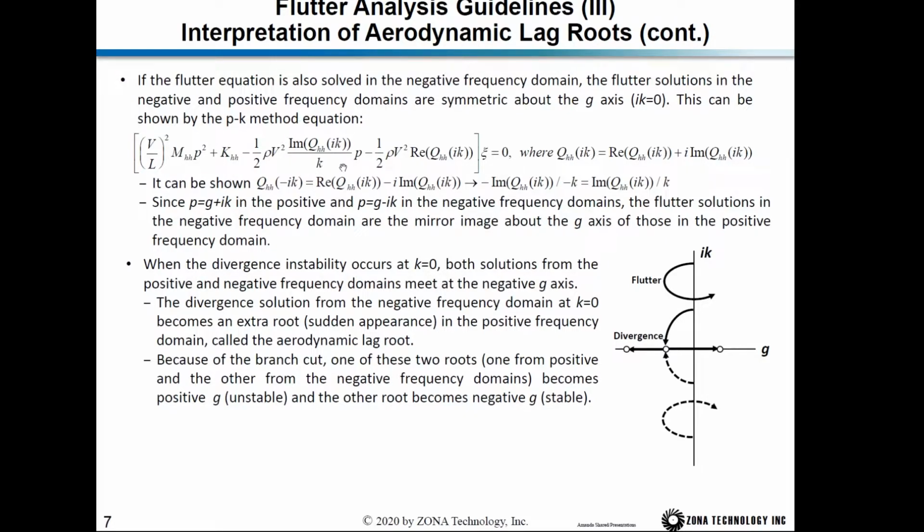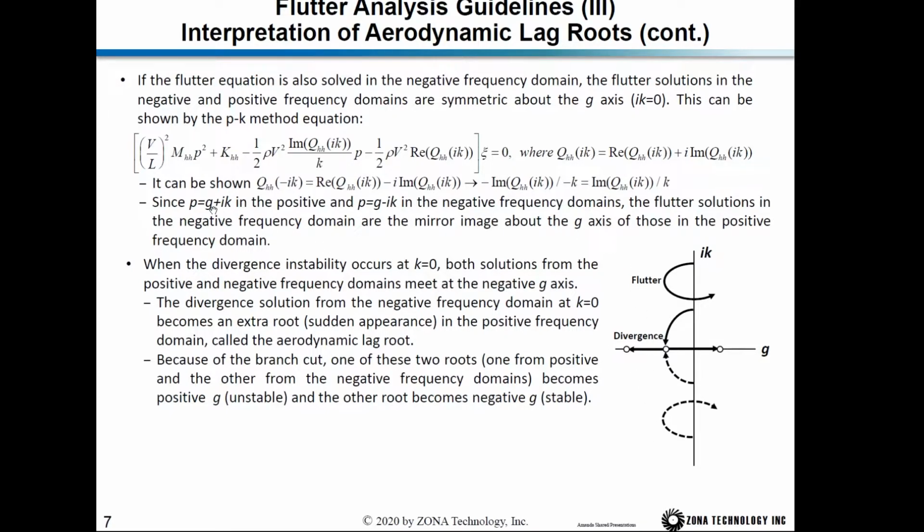However, we have this imaginary part of Q divided by k, which gives back the imaginary part divided by k. So the negative frequency domain Flutter equation is the same as the equation in the positive frequency domain. Therefore, you have their mirror image.